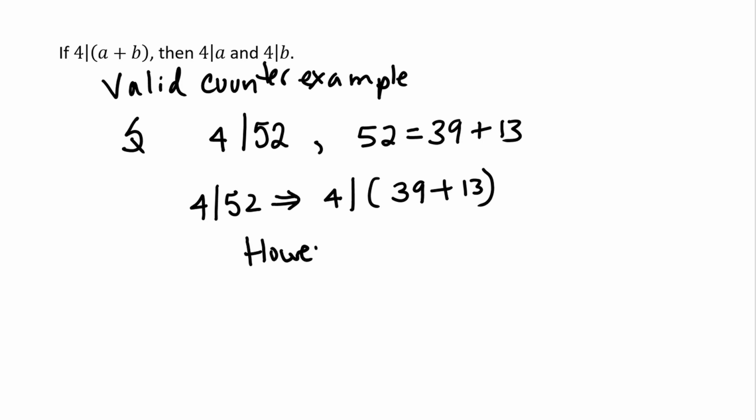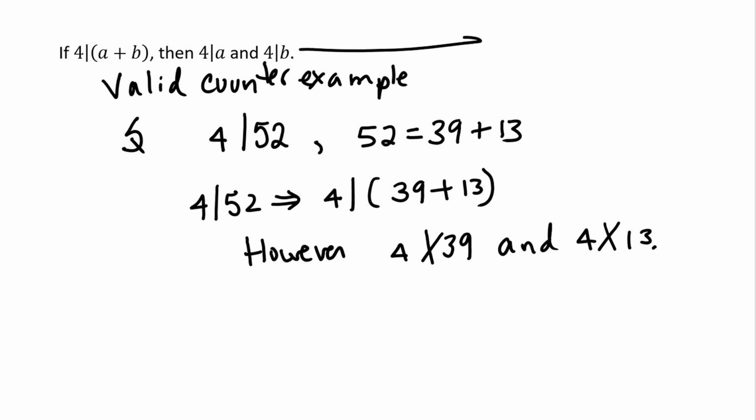However, look what happens. 4 doesn't divide 39. 4 is not a factor of 39. And furthermore, 4 also does not divide 13. So this is a false statement by the one valid counterexample.